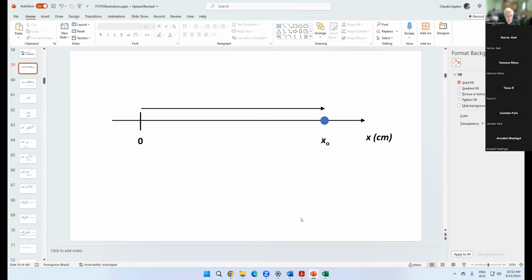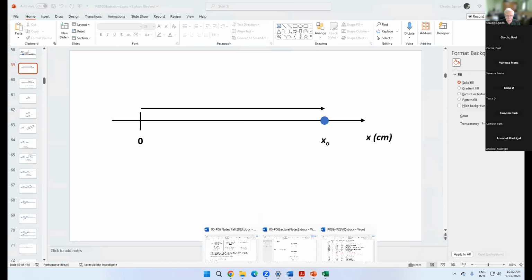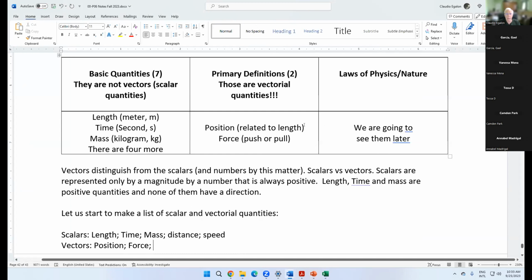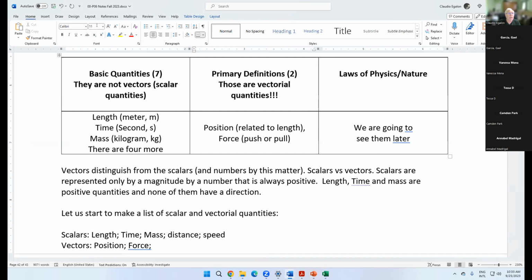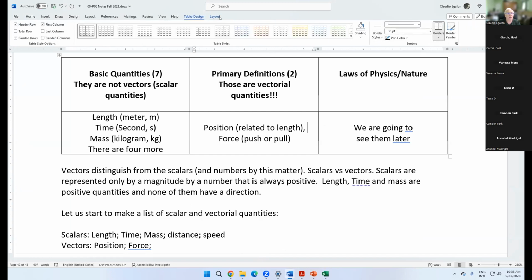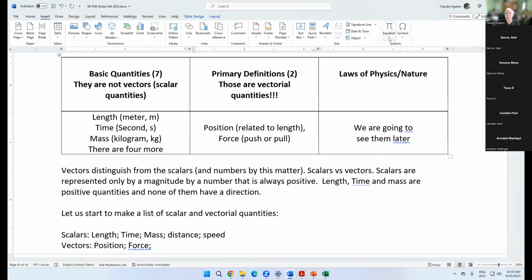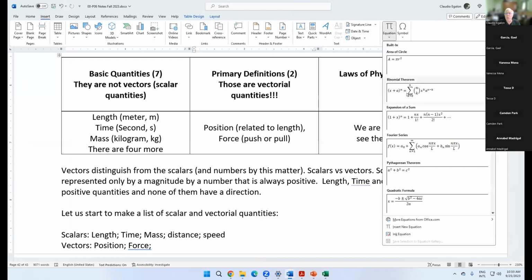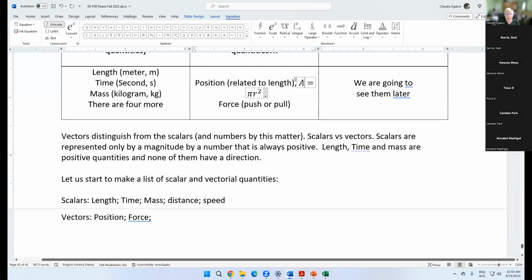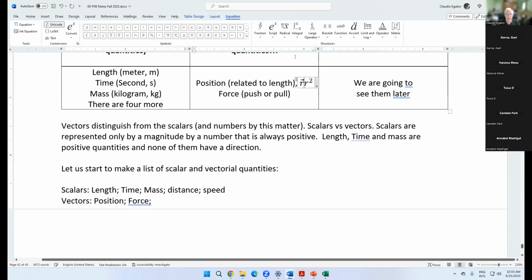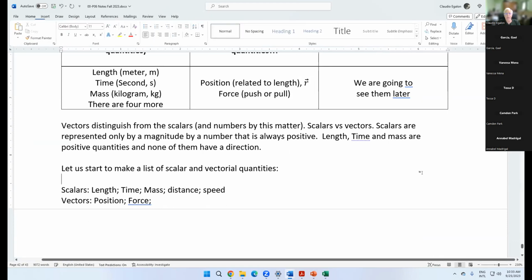Position vectors we usually represent by the letter R. And by the way, there is one more thing that you have to know about vectors. We usually put an arrow at the top of the letter.